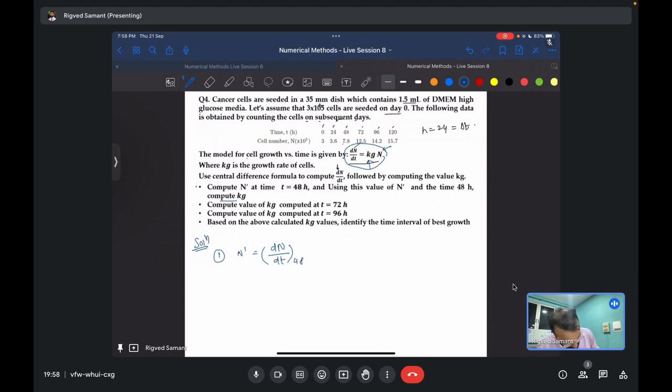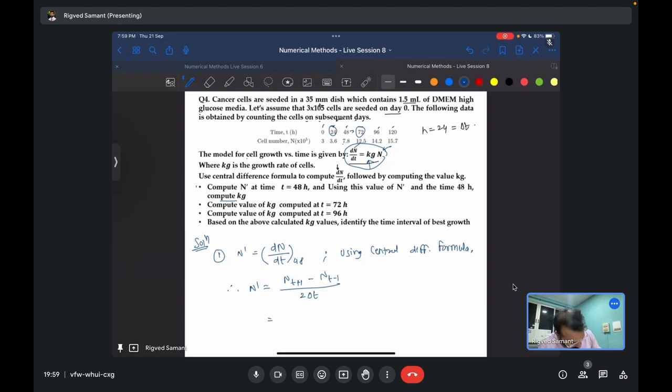N dash using the central difference formula is n of t plus 1 minus n of t minus 1 divided by 2 delta t. Delta t is 24, so t plus 1 is 72 and t minus 1 is 24.